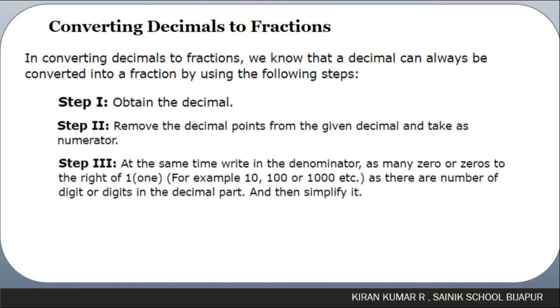The third step is to write the denominator as 1 followed by as many zeros, for example 10, 100, 1 followed by 3 zeros, etc., as there are digits in the decimal part, and then simplify it.